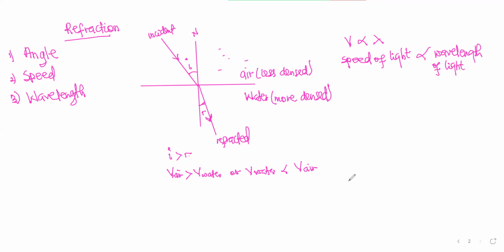What it means is that if speed is greater here, wavelength would also be greater in the less dense medium.